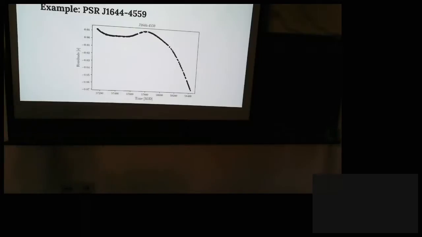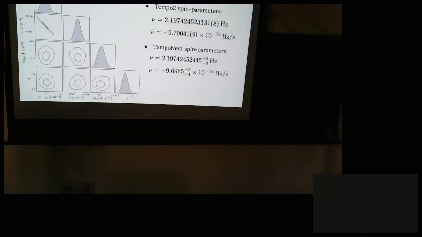So I'll be showing you how to do that with Tempo2 as part of this Temponest activity after the break. So we have this pulsar, and we run Temponest on it. First off, we run Tempo2 to try and measure its spin frequency given by nu, and its spin down frequency given by nu dot. You can see that Tempo2 is claiming that you can measure this spin frequency down to, I think, the 12th decimal place.